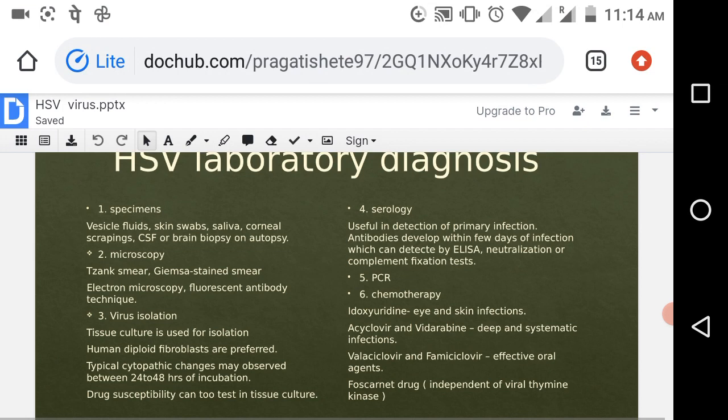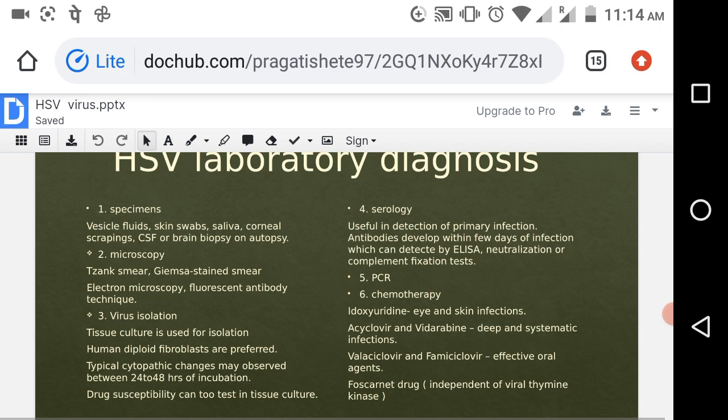It is again a very rapid test, the fluorescent antibody technique, right? In that we have the antibody incorporated plate, right? It is very similar to the ELISA.